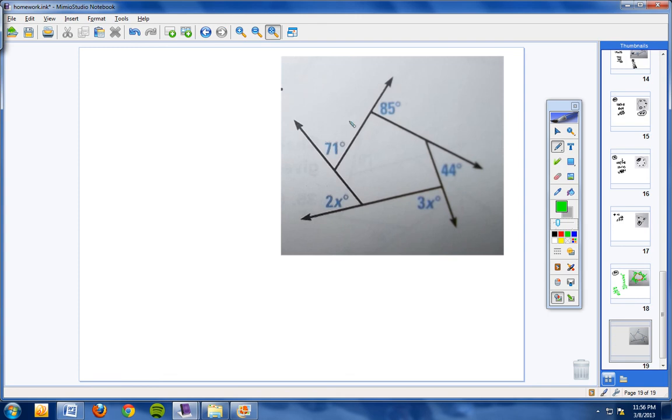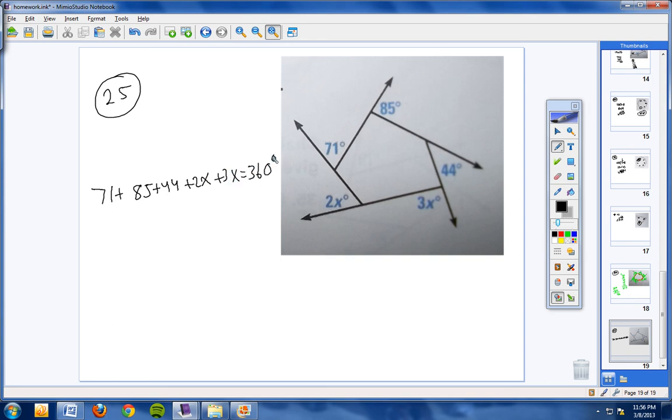Let's go on to number 25. Now again, all of these exterior angles should add up to 360. This is going to be a little more difficult now. I don't just have an x, I've got a 2x and a 3x, so I better set up an equation on this one. 71 plus 85 plus 44 plus 2x plus 3x equals 360.